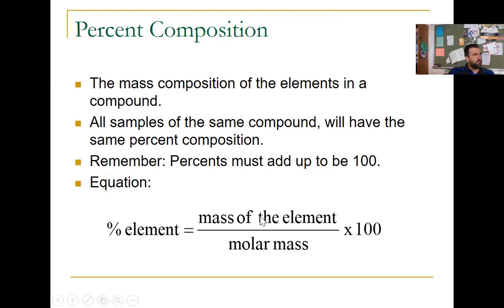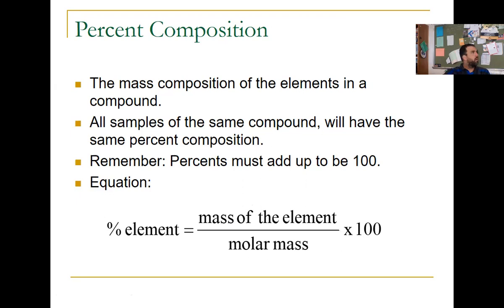And if I want to do hydrogen, I'd do 1.0079 times 3 over 17.0306, because ammonia is NH3. So you have to do that part.